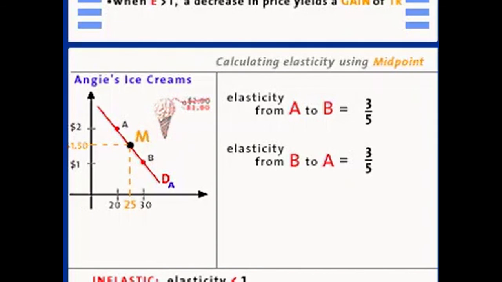If the demand for your product is elastic, then reducing your price will increase your total revenue. If elasticity of demand for your product is exactly equal to 1, then the change in price and the change in quantity demanded exactly offset each other, and there is no change in total revenue.